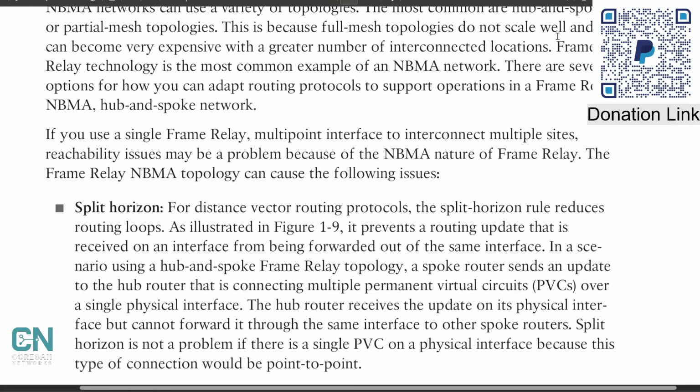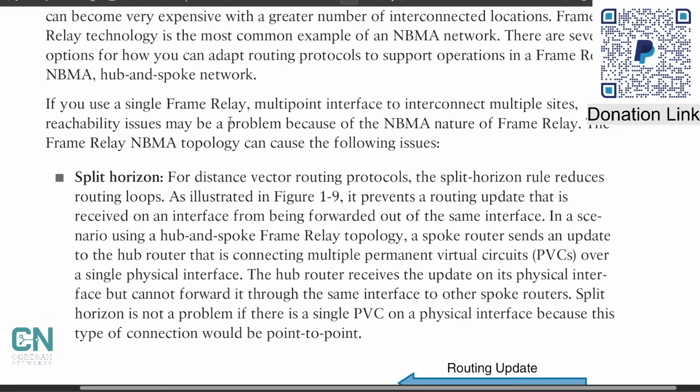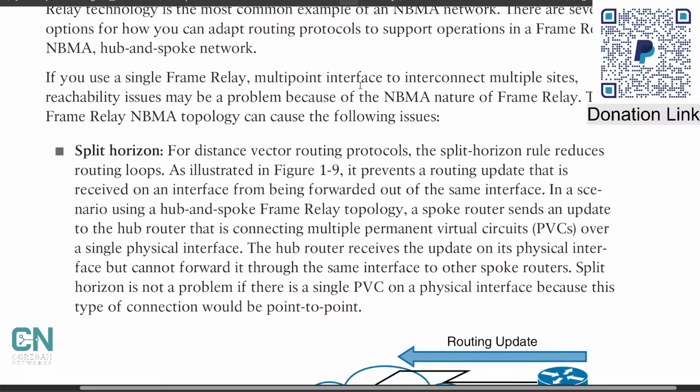There are, sorry, there are several options for how you can adapt routing protocols to support operation in a frame relay NBMA hub and spoke network. If you use a single frame relay multipoint interface to interconnect multiple sites, reachability issues may be a problem because of the nature of frame relay.